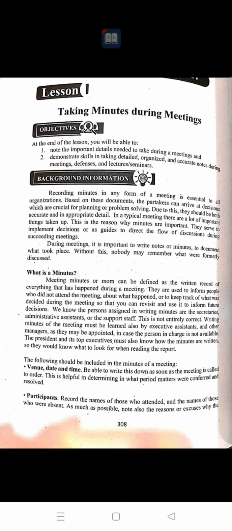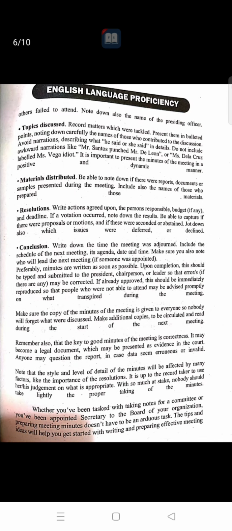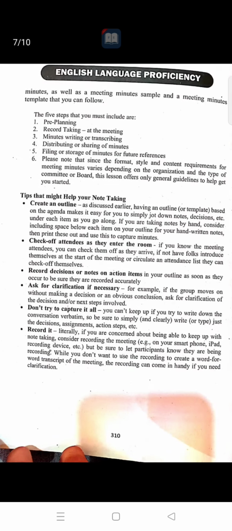Yung meeting ay sa Cagayan State University, Lalo, on May 16 at 2:30 p.m. Parang ganon. Participants are faculty and staff. Topics discussed, yung implementation of online classes, materials distributed, ano yung mga binigay, mga pamphlets, resolutions, ano yung mga agreement, and then conclusion, what was the final decision.